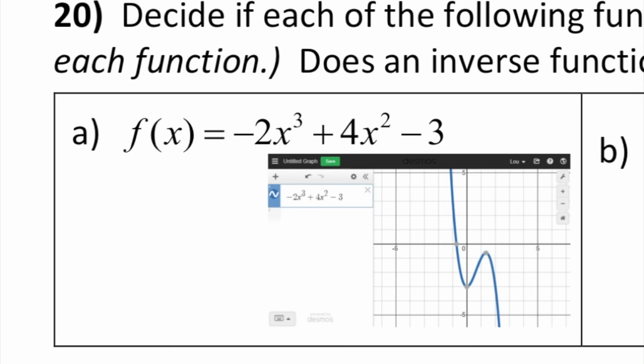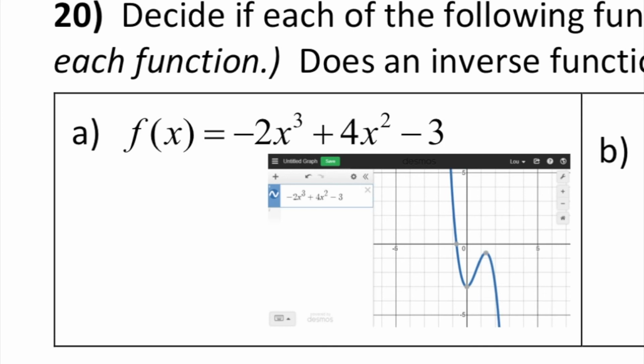So your original function does pass the vertical line test, but your resulting function might not pass the vertical line test. And so what we want to do here is say, look, if the original function doesn't pass a horizontal line test, then the inverse function isn't going to pass a vertical line test.